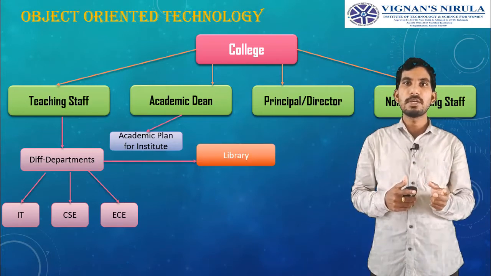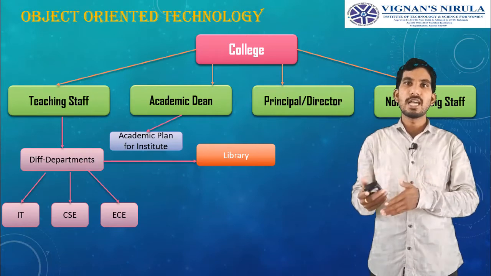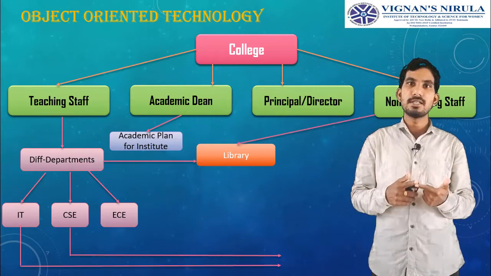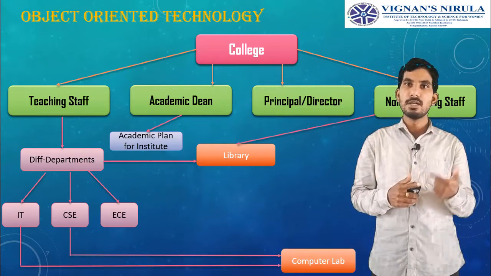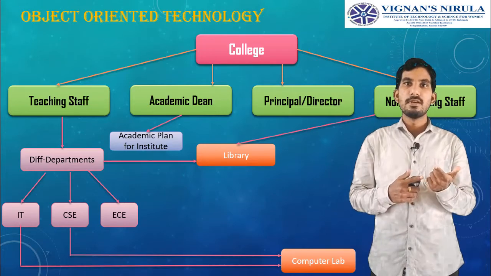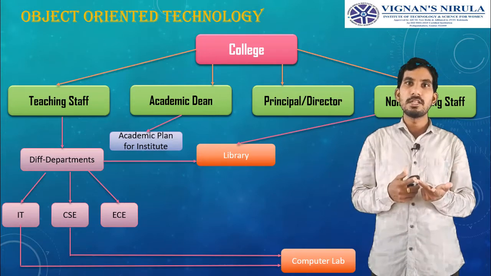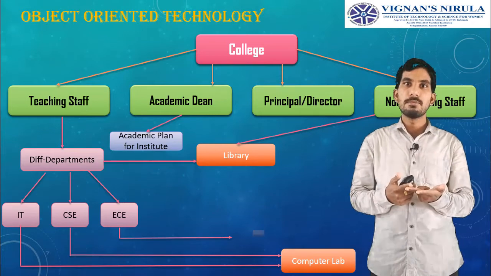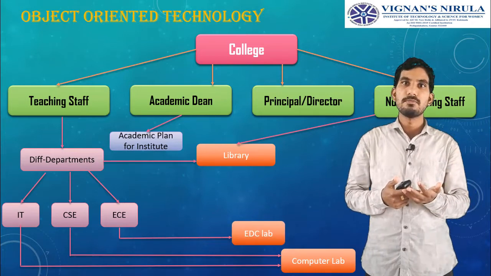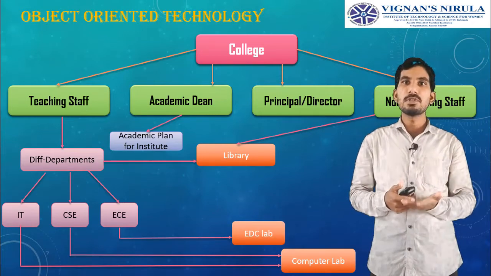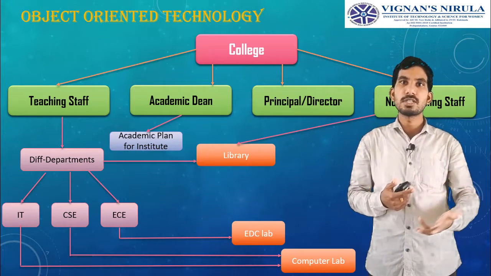Each department maintains different labs. IT and CSE members maintain the computer labs, EC members maintain the EDC lab and simulation labs, and EEE members maintain the power electronics lab.